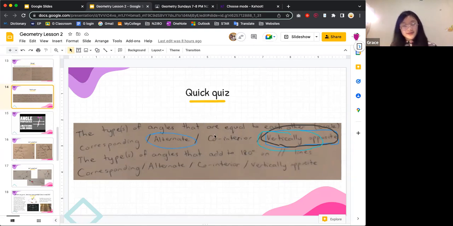Yes, alternate, good job. Cointerior add to 180, nice. And yes, corresponding angles are equal. Good job, everyone.